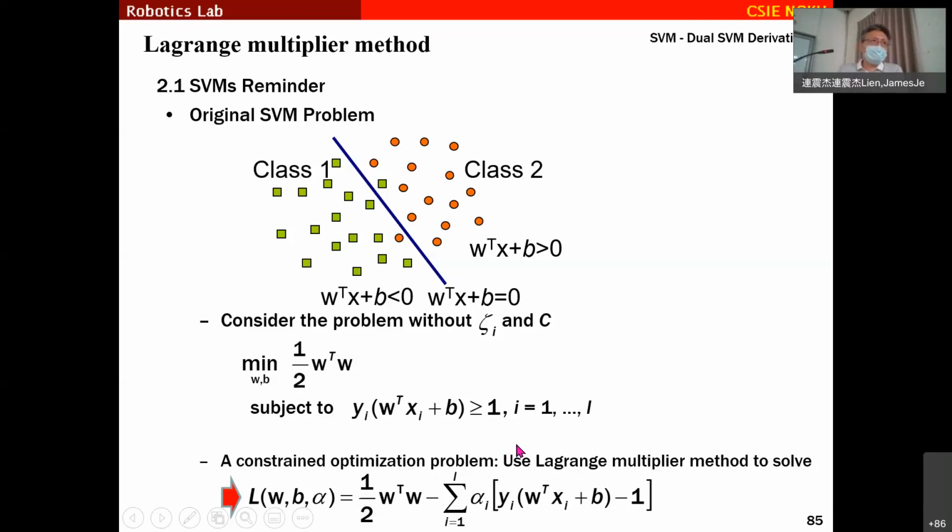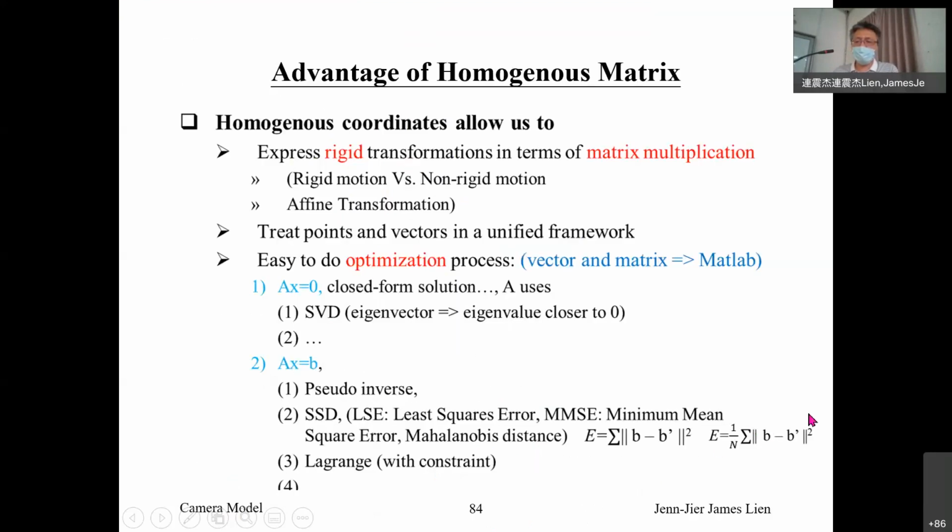Before this year, your loss function had only this term, or cross entropy, with no constraint term.